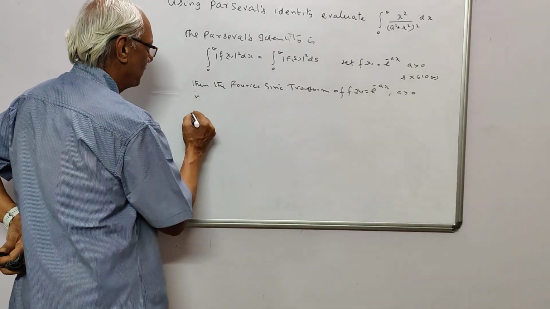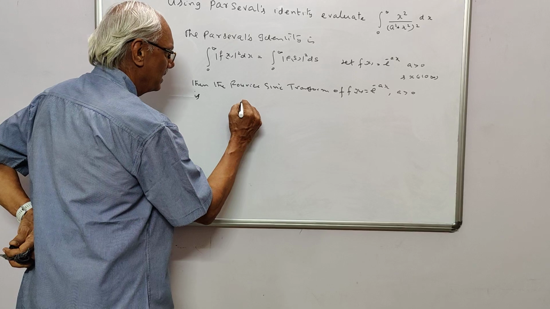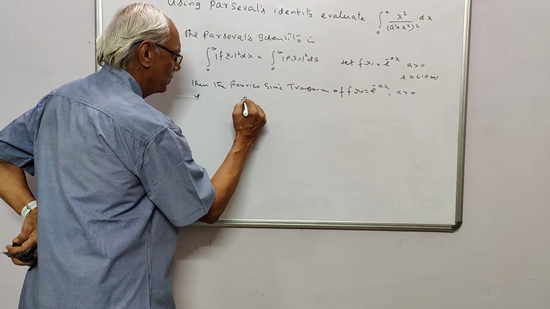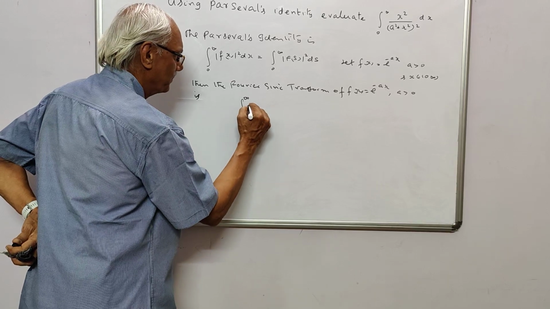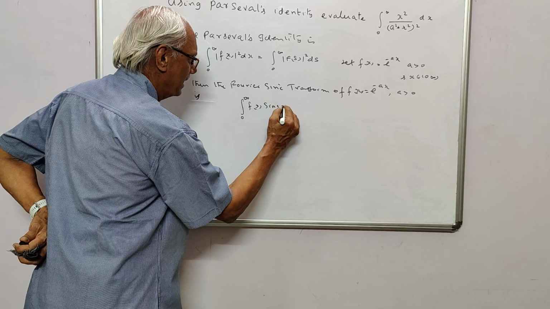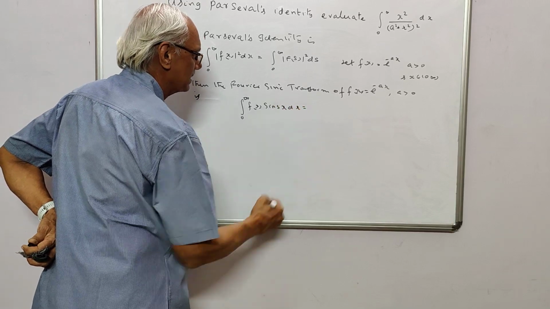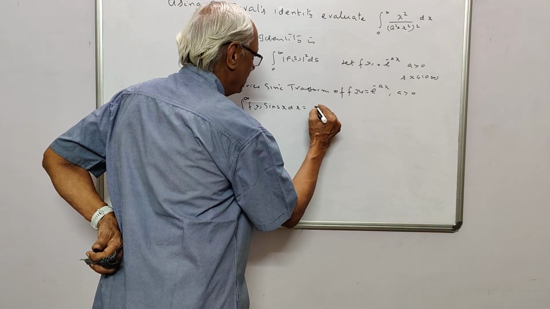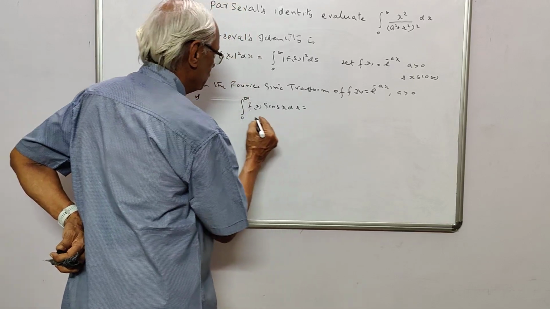It is given by the integral of 0 to infinity f of x into sine sx dx. This is equal to, it is nothing but, it is 2 by pi.